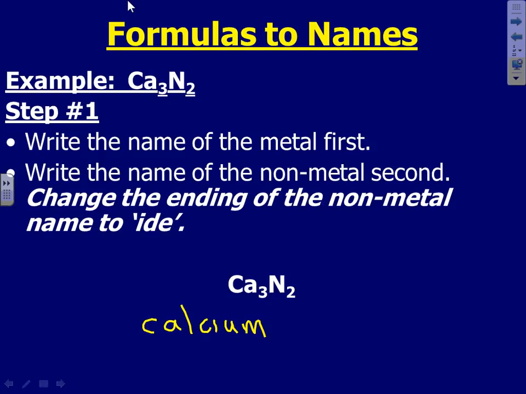It's nitrogen, so what do I write? Nitride. Very good. So we get rid of the ogen, the ending of the name, and we simply put IDE on the end of that nonmetal. And that's it. That's how we do it.